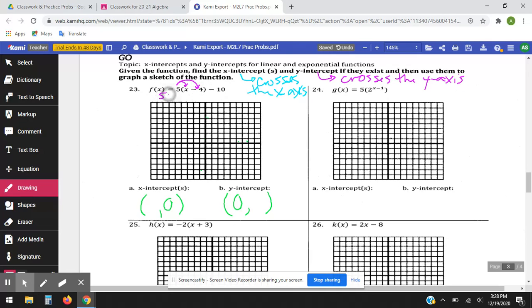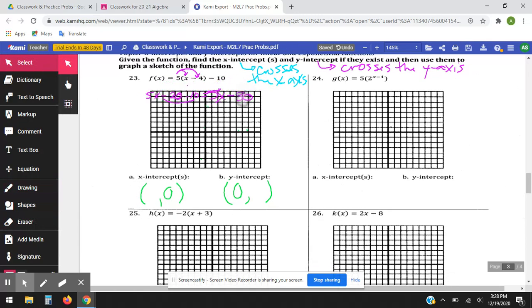So we have 5x minus 20, 5 times 4, minus 10. We can simplify those, the 20 and the 10, and say 5x minus 30. Well, we know when y equals mx plus b, our plus b here is our y-intercept. So negative 30 is our y-intercept.